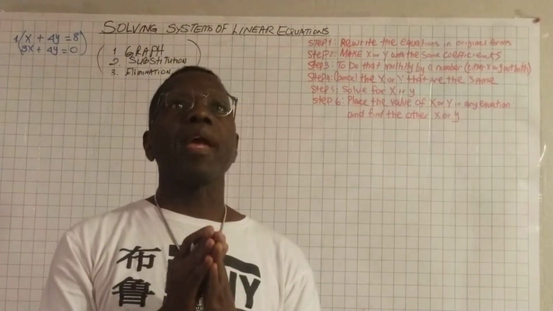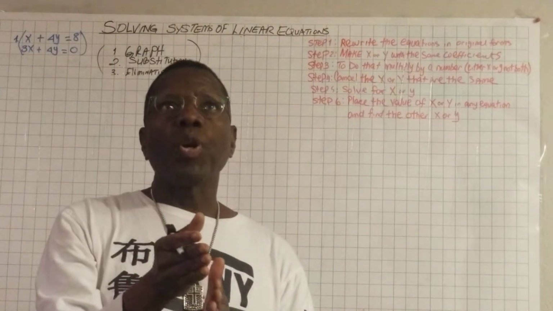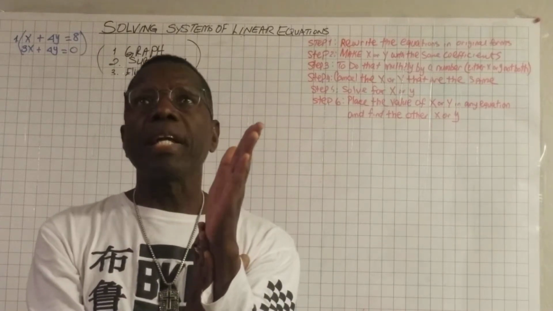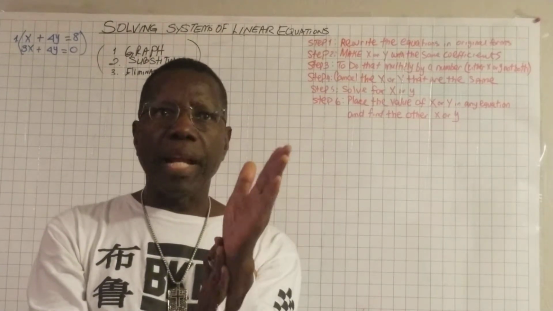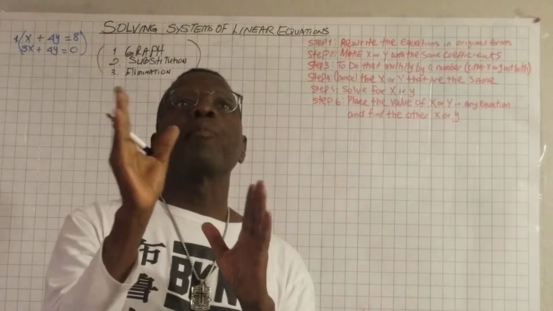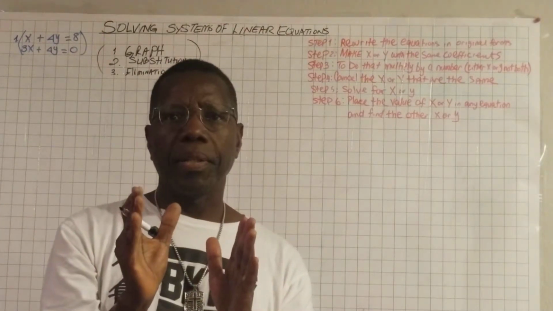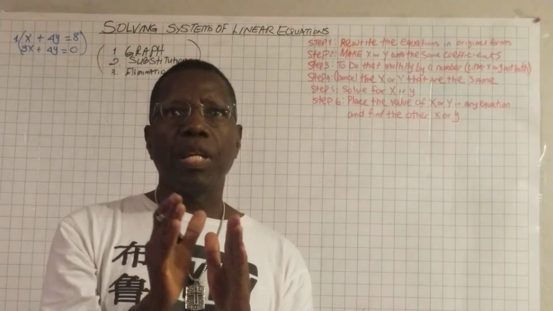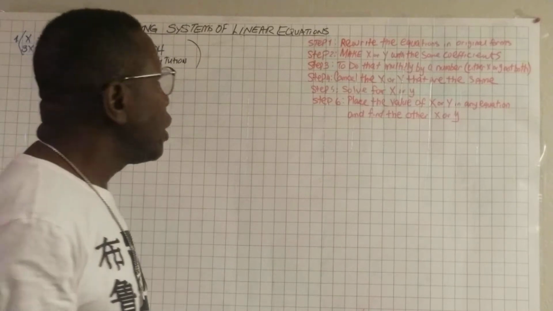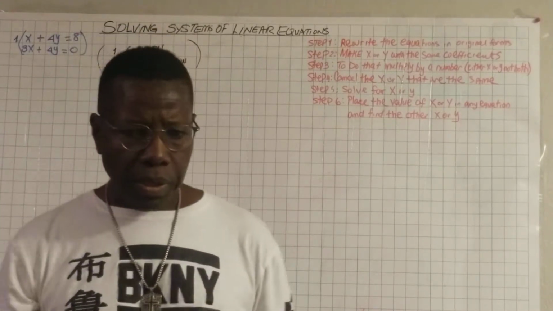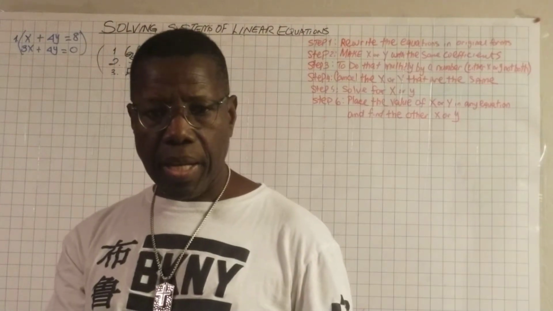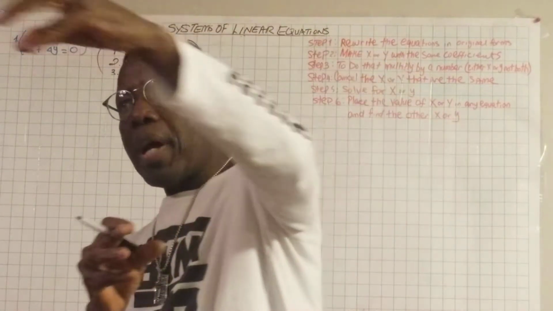Okay, now I'm going to take x. I'm going to make sure the two coefficients of x are the same value and their signs are opposite. And how am I going to achieve that? I'm going to pick a number that I'm going to multiply. If you cannot find a number, you can just take the coefficient from one equation, change the sign, use it, and multiply by that one.